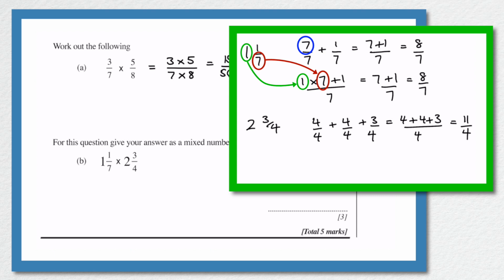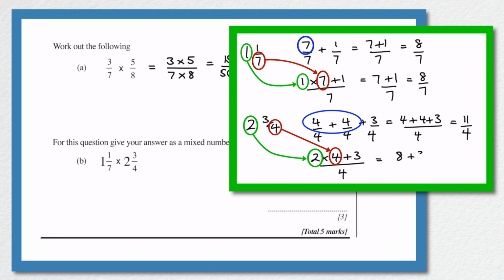Again, the way I tend to do this is by multiplying the 2 by the denominator of 4, we have created these 2 4s here. And this is equal to 8 add 3, which is equal to 11 all over 4.